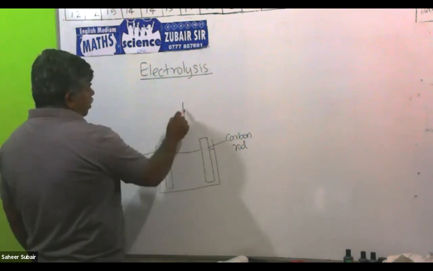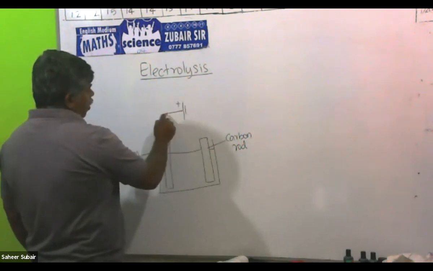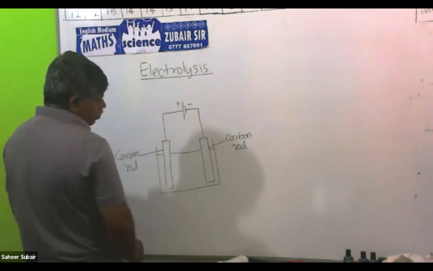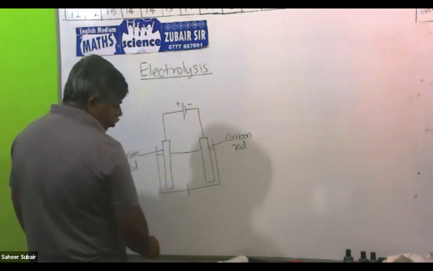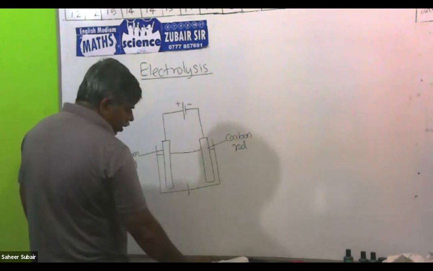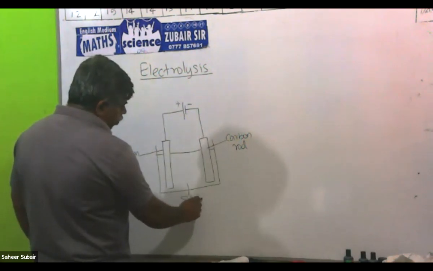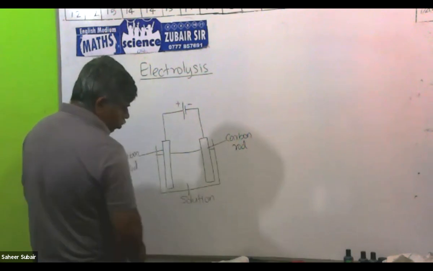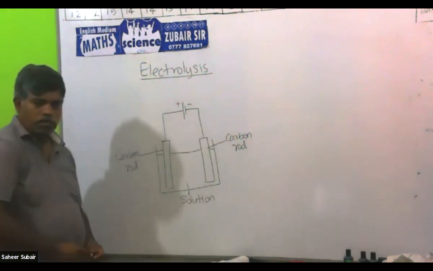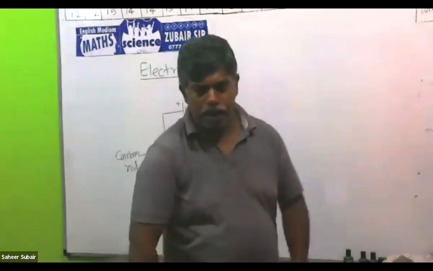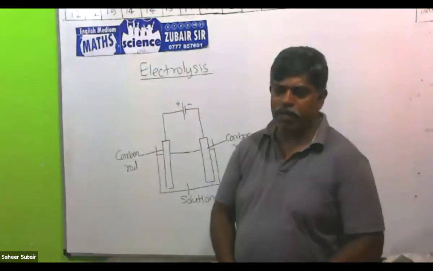Then we are connecting the cell to this, an external current, plus and minus. So this is the solution. We can take any solution according to our need. Now, up to now we didn't connect a cell.